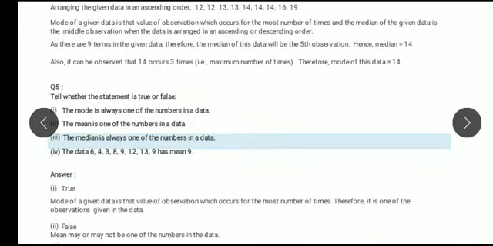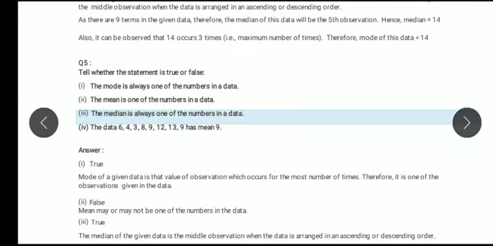Okay, question number 5. Tell whether the statement is true or false. The mode is always one of the numbers in the data. So in the data, any number can be the mode. The mean is one of the numbers in the data.